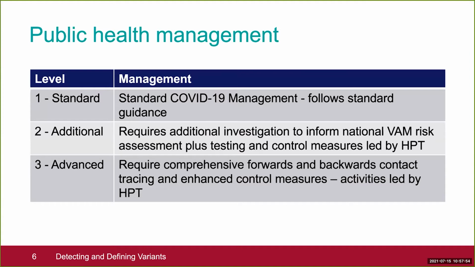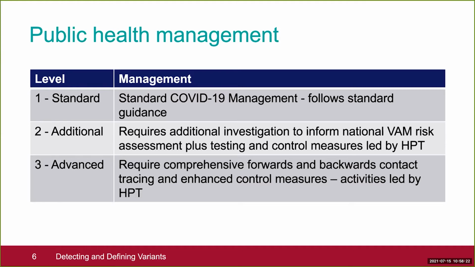At the beginning of this year, there were so many Alpha cases that although it was a variant we were concerned about, we missed the boat of public health action, because we don't have the resources to stamp it out when you get to that many cases. And now that's happened with Delta, because the cases are so high, the level of public health management has reduced. So there are 3 levels.